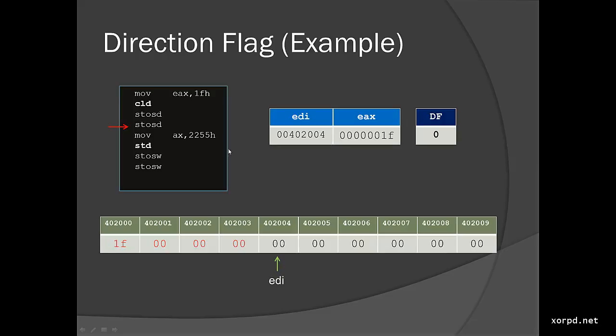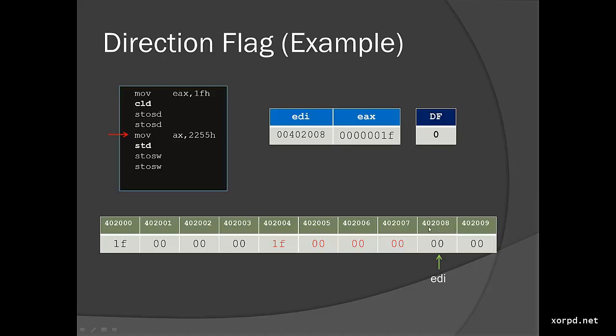Let's move on. We have another STOSD instruction, which should have a similar effect, just that this time we store the D word over these 4 bytes. And as expected, we get 1F000, and EDI has moved to this new location.